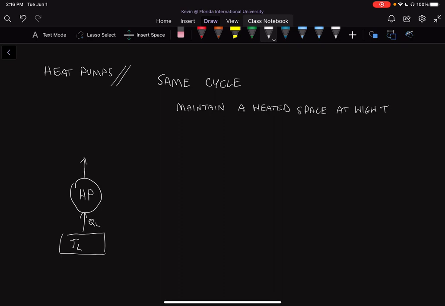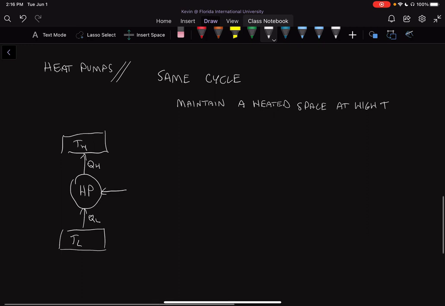We have QH coming out to a TH. And our goal is to keep the TH high, and our work net is in again. So with work, we're able to keep our QH high. So once again, our work net is equal to QH minus QL. It's exactly the same system as a refrigerator.